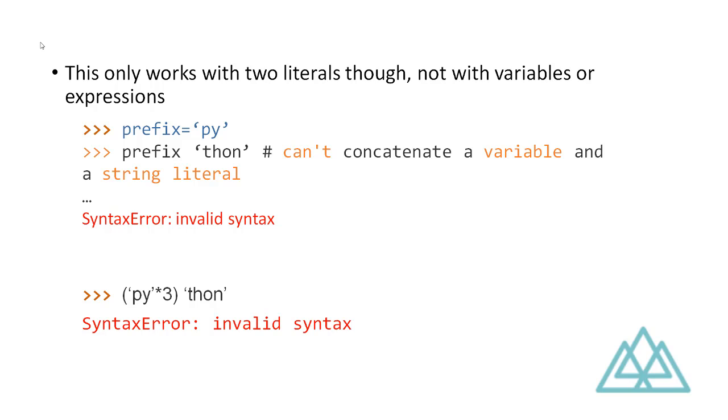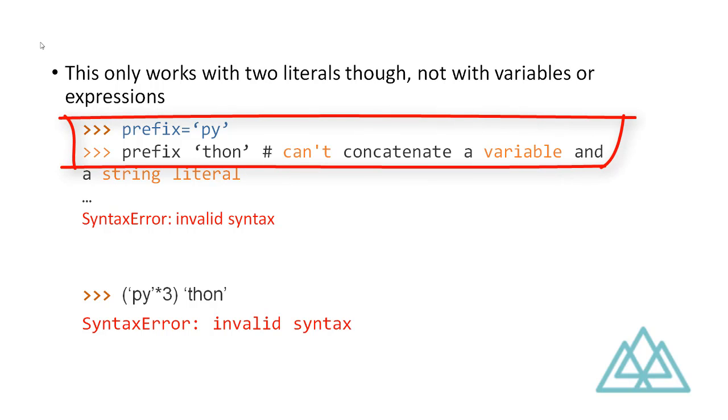Like in this case, if you store prefix with string py, and if you want to add both, meaning concatenate these two, then in this case an invalid syntax error will be displayed by the Python interpreter, because string concatenation with spaces only concatenates string literals, not variables.